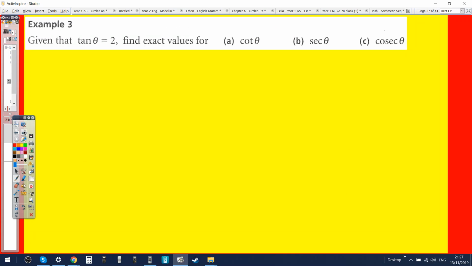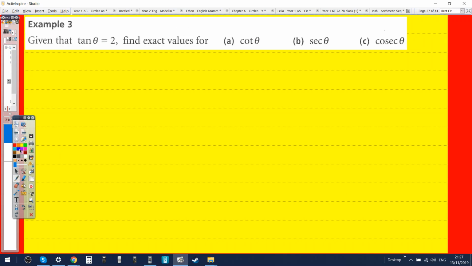This one, okay, how do we do this? Yeah, you can do that. Root 5.